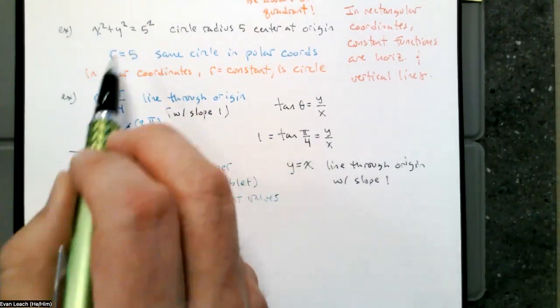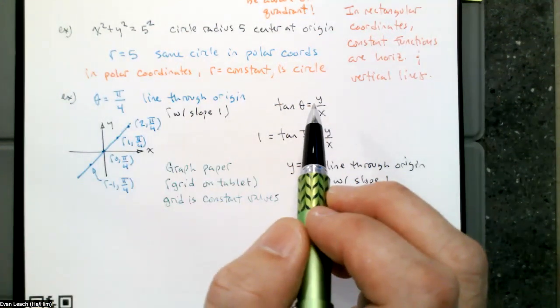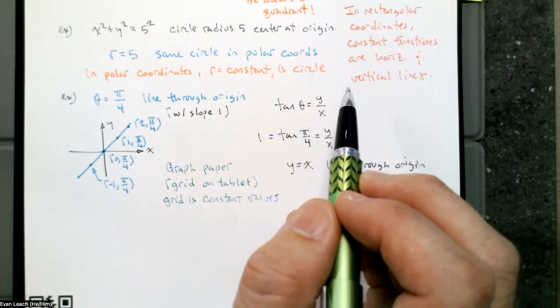But here, our grids are now lines through the origin and circles centered at the origin. I keep saying origin at the pole. I'm just going to say origin.